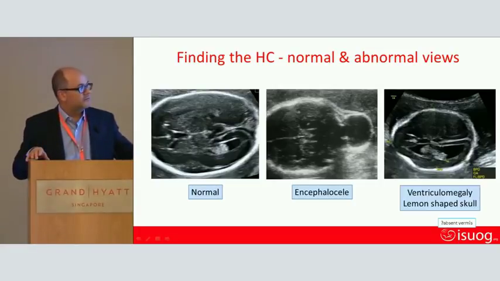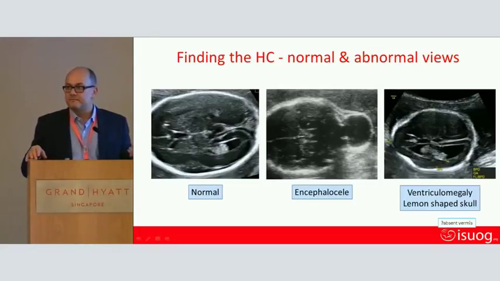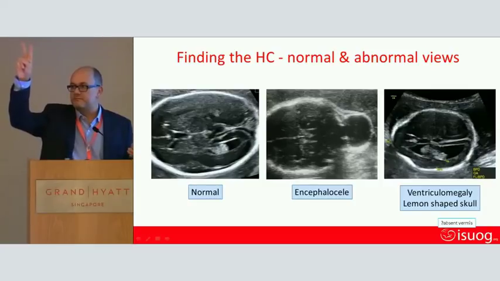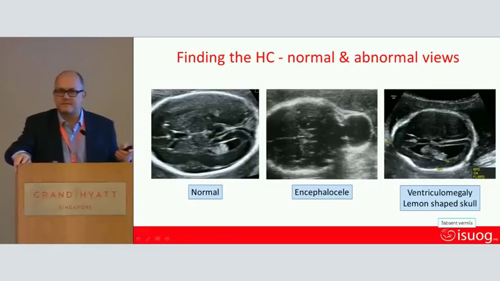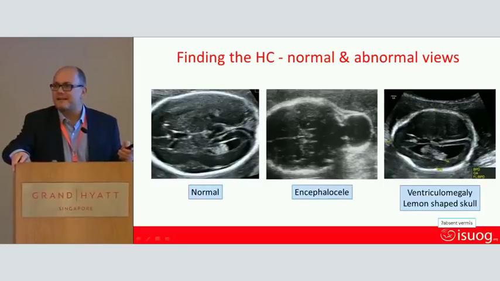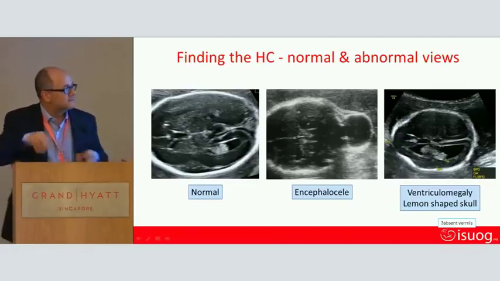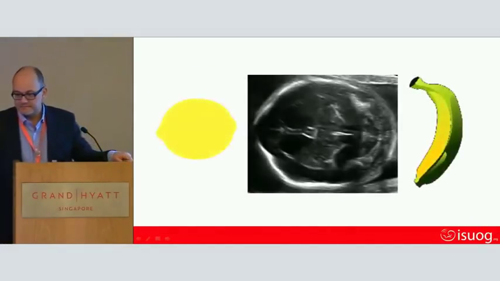Which fruit do we think of when we look at this? Two fruit. Lemons. What other fruit is involved in spina bifida? Banana, yeah. Lemons and bananas. The way we screen for spina bifida is we look for lemons and we look for bananas. There we go.